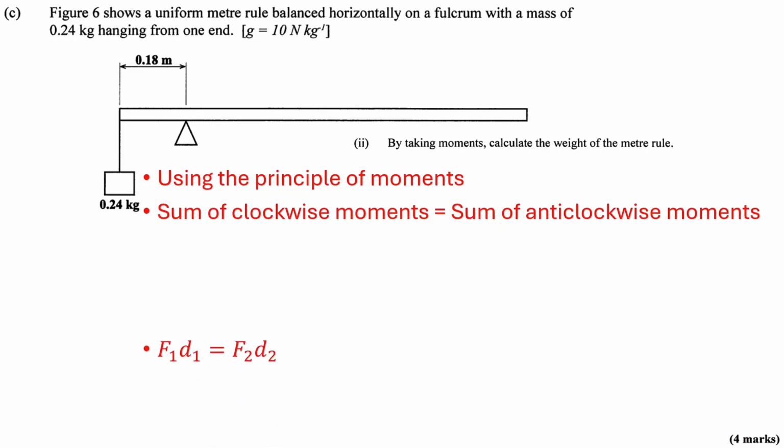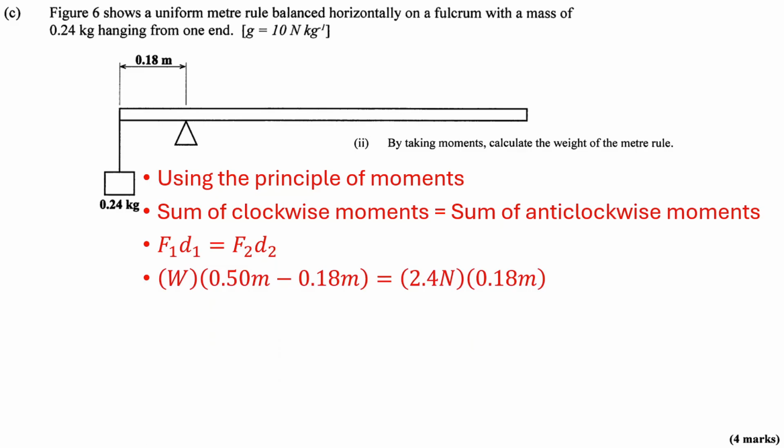So in this case, we'll have that F1 D1 is equal to F2 D2, where F1 is the weight of the meter rule and D1 is the distance to the pivot from the weight, the center of gravity, and F2 is the 0.24 kilogram mass that has a weight of 2.4 newtons, and D2 is its distance from the pivot. So W, or the weight of the meter rule, is what we're looking for.